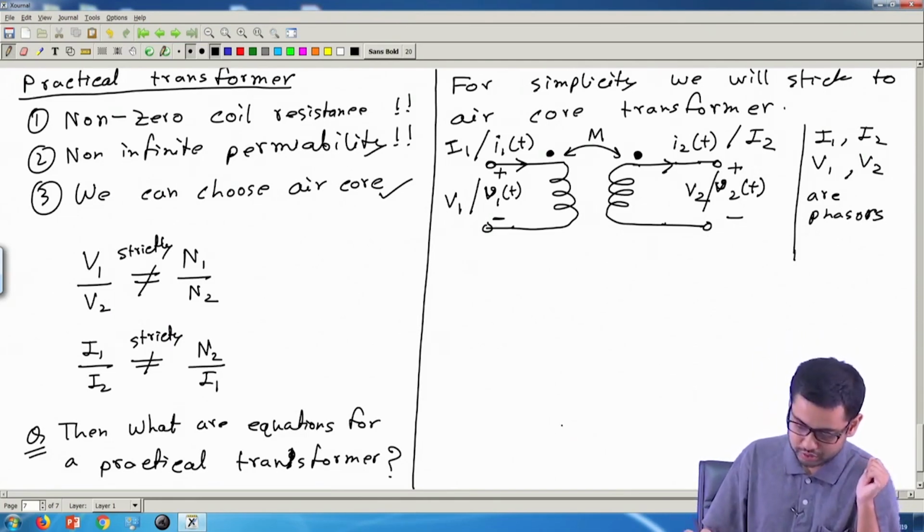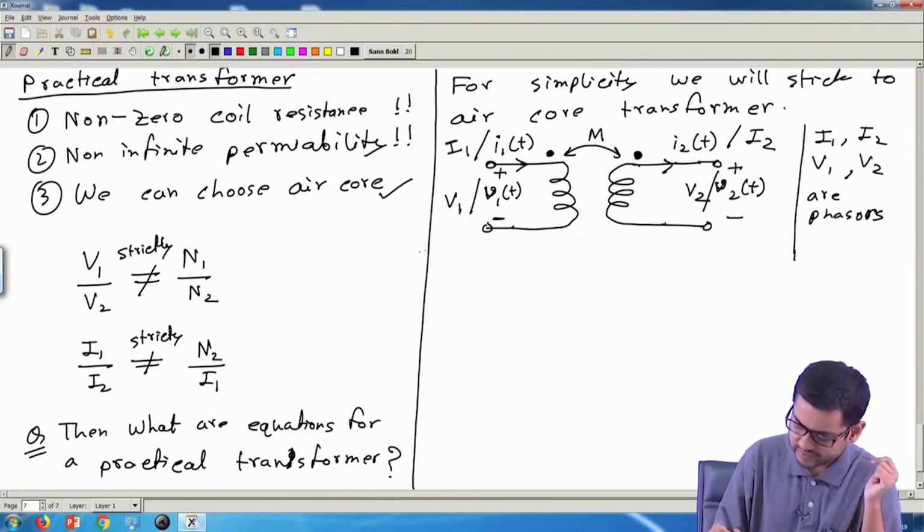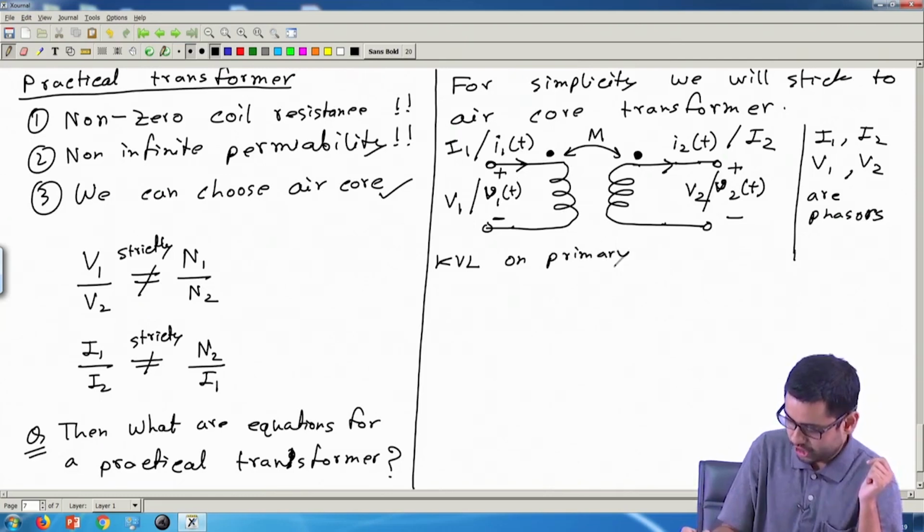Now what will be the equations? Let's apply KVL on the primary side. In this loop on the primary, what can we write?